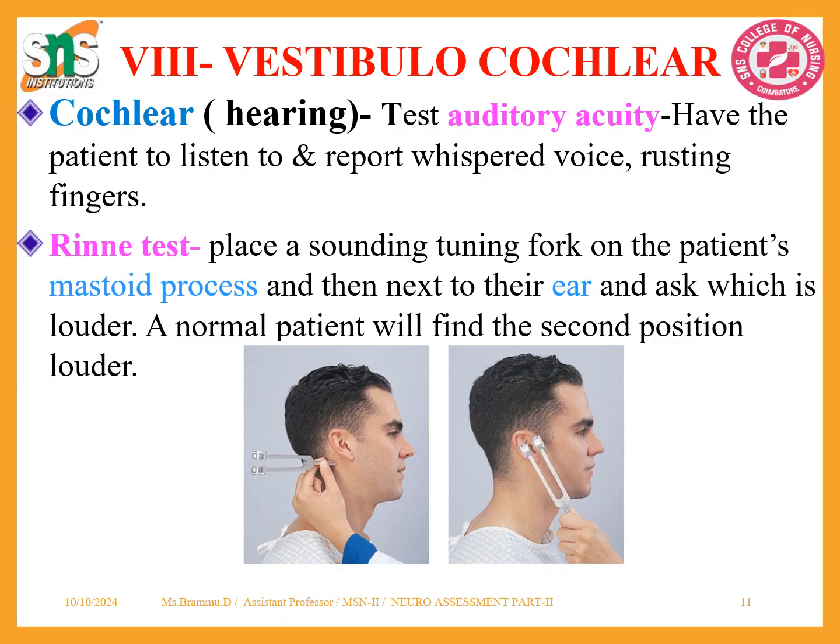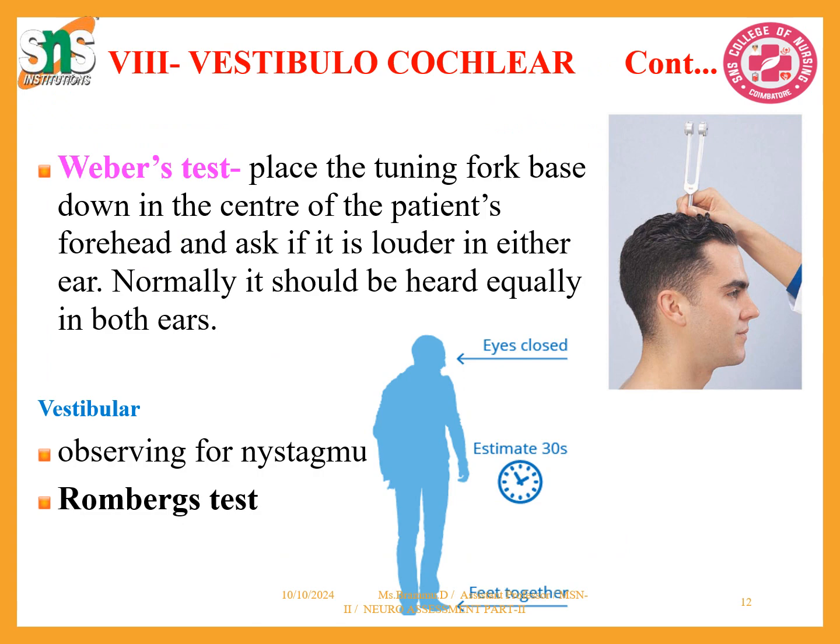Usually air conduction is greater than bone conduction. In Weber's test, we stroke the tuning fork, place the base of the tuning fork at the center of the forehead and ask in which ear they hear it louder. Normally the patient should hear equally in both ears.